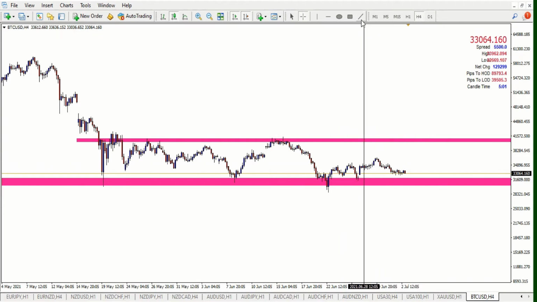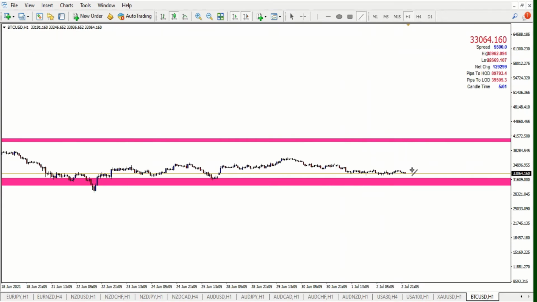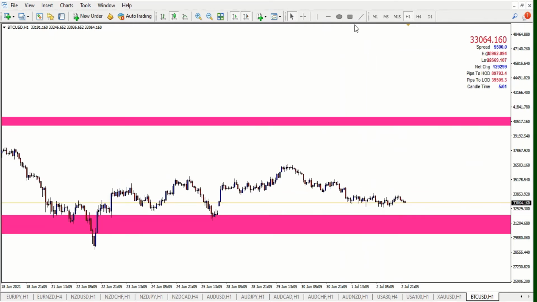So what could possibly happen is the market could continue to the downside, breaking through the support, come back to retest as a new resistance and continue its way down, or the market could come back up, hit that resistance, and then continue its way back to the downside.